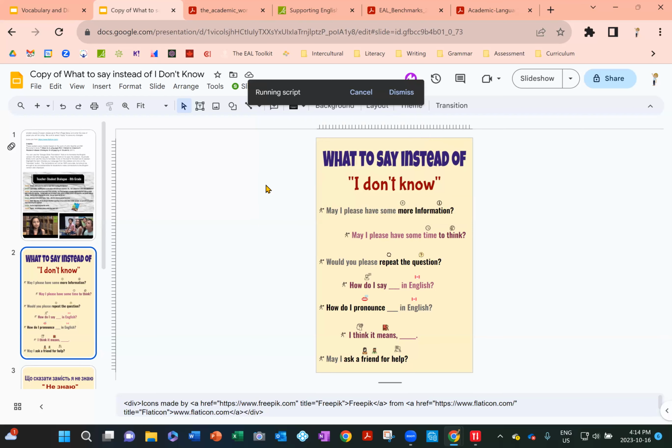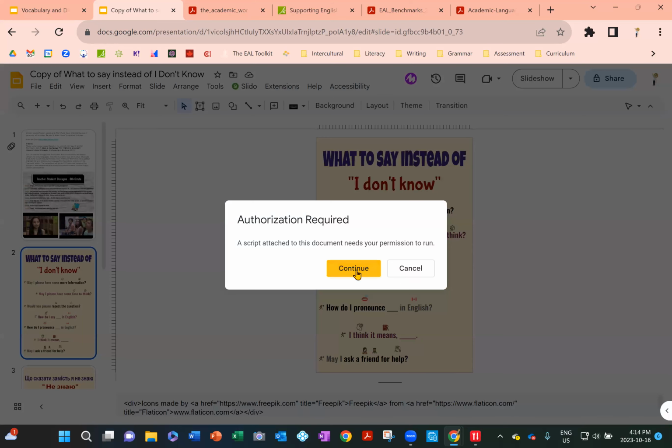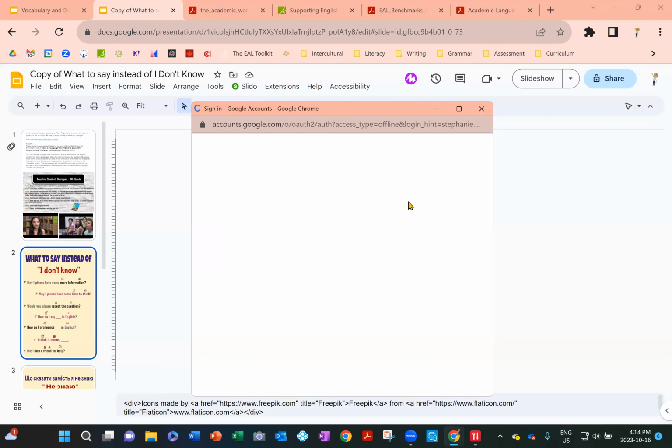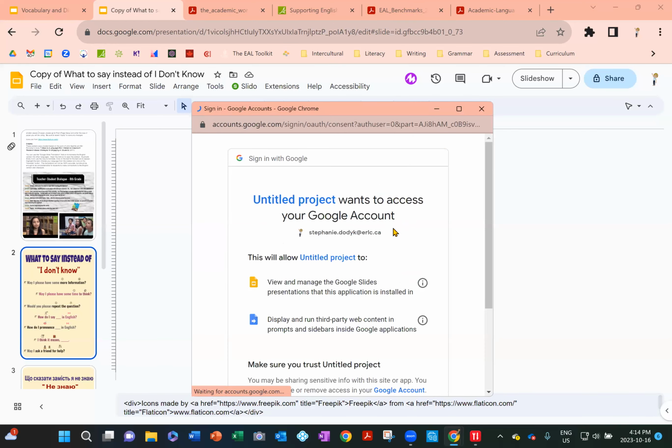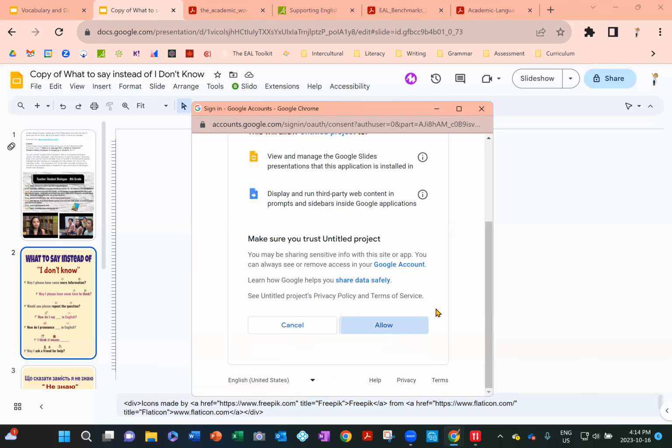It's running the script, and it'll ask for some permission just because I added it on. It just needs your permission to run, kind of like when you have those extensions. So I'll just walk through that process with you, and we'll allow that.